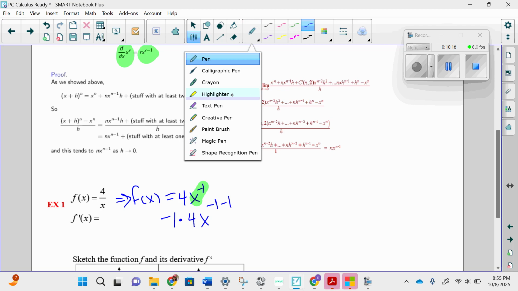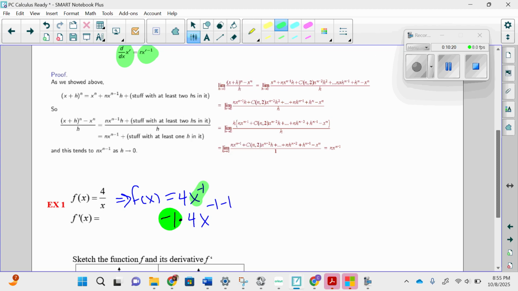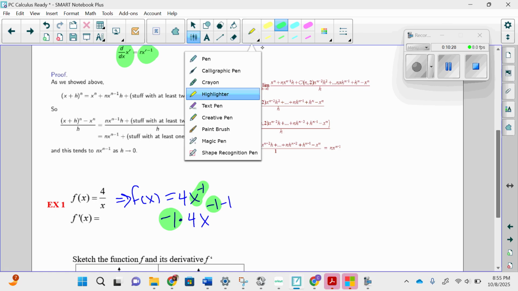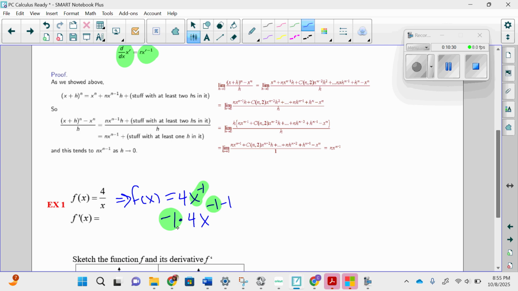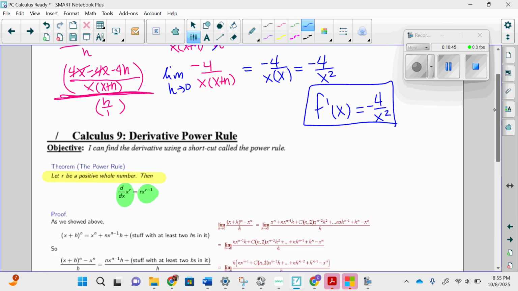So we have, again, r times x to the r minus 1. So when we simplify that, we get negative 4x to the negative second, which is negative 4 over x to the second. A lot quicker than doing all of that work.